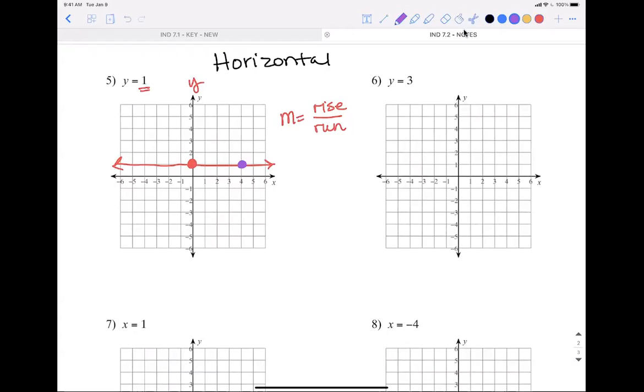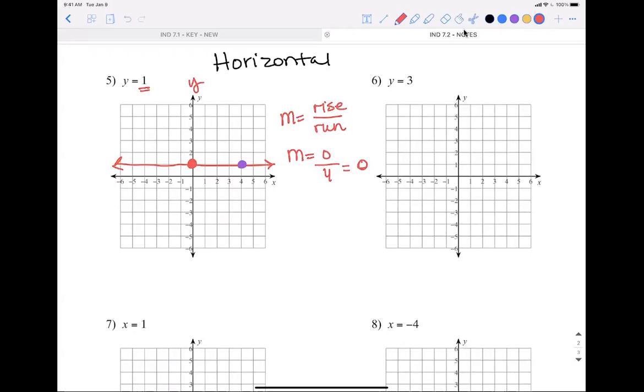I don't rise at all, right? So my rise or my change in Y's is 0. And then what's my run on this particular red to purple? 4. What does anything with 0 on top reduce to? 0. The slope of every horizontal line is 0 forever and always.